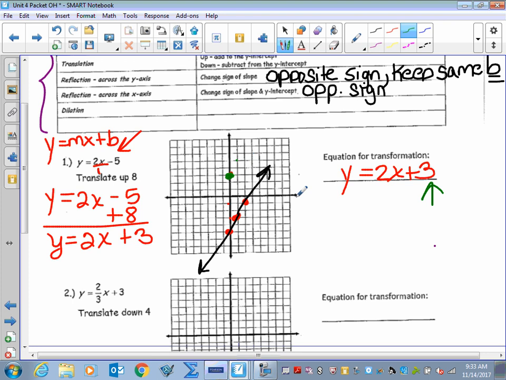Up 2 over 1. Connect the dots. And now I have just changed the line, moving that 8 units up from its original position.